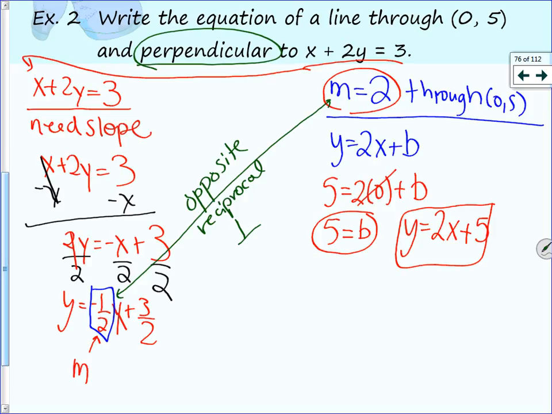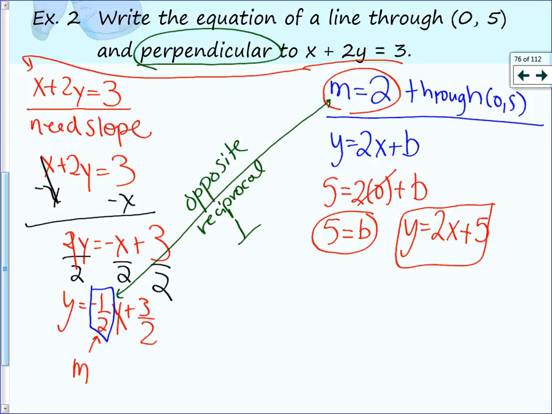If they were equal, if they were parallel, you would keep it the same. If they're perpendicular, you have to take the opposite reciprocal of them. So in that case it would be 2. It is coincidental that this 2 is that 2. So don't look for that. Sometimes that will happen, but it's nothing to count on.